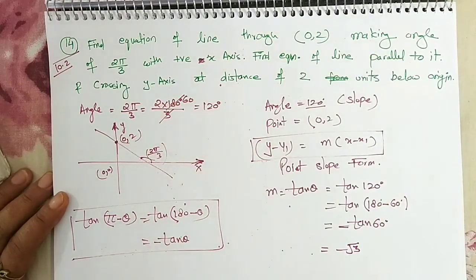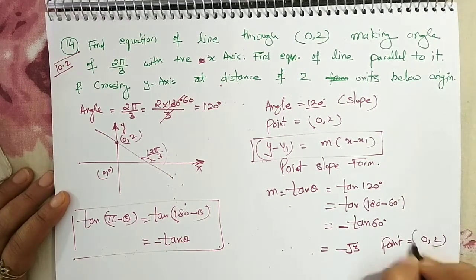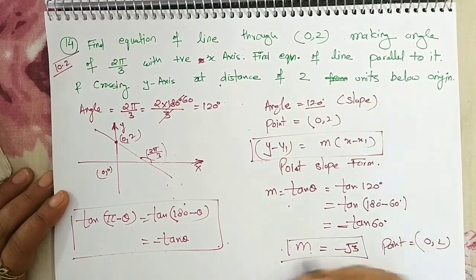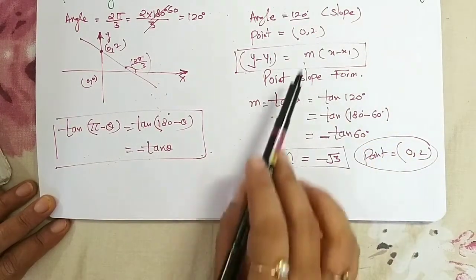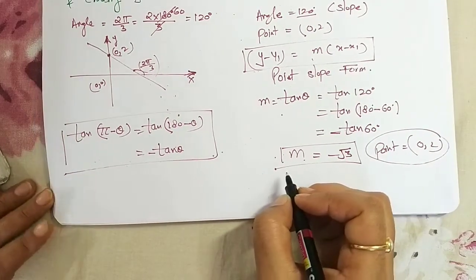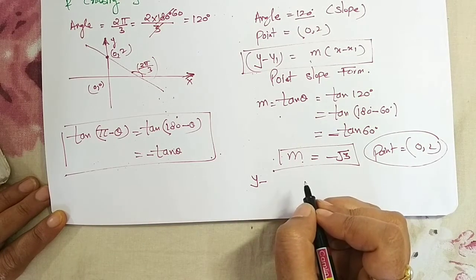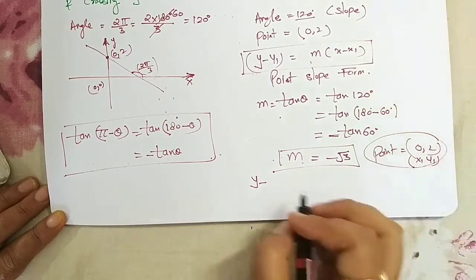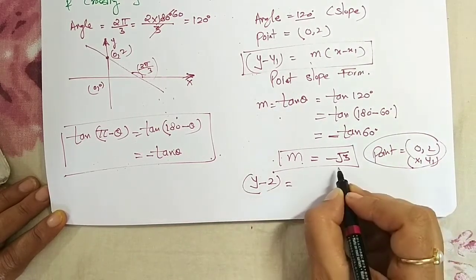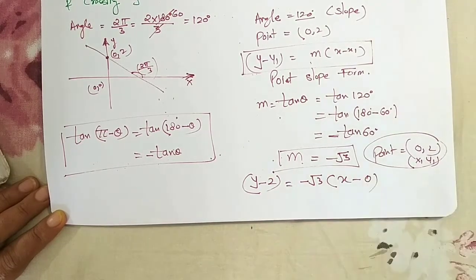And the point given is 0, 2. So let me write down the point information also. 0, 2. So this is my m and this is my point. What I have to do is just apply the equation and fit the values here. y minus y1, where these are the points x1 and y1, so y minus 2 is equal to m, m is minus root 3, times x minus x1, which is 0.